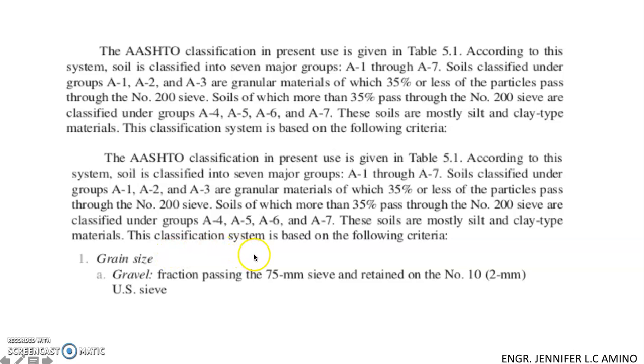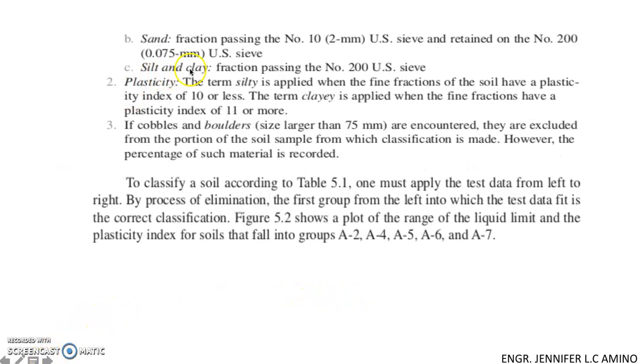The classification system is based on the following criteria. For grain size, gravel is the fraction passing the 75 mm sieve and retained on the number 10 US sieve. Sand is the fraction passing the number 10 US sieve and retained on the number 200 sieve. And silt and clay is the fraction passing the number 200 US sieve.